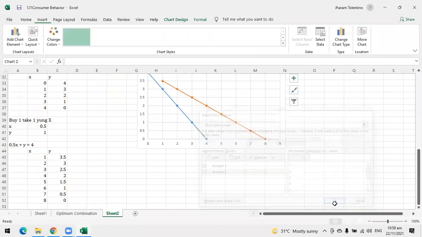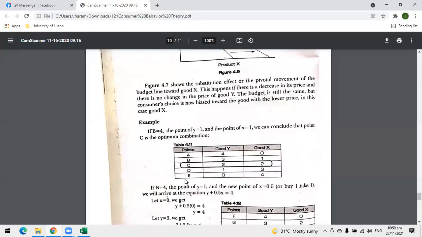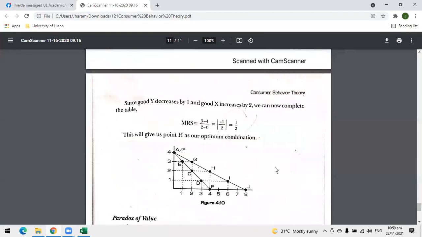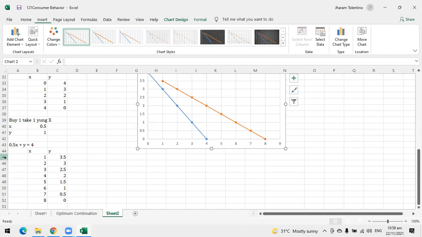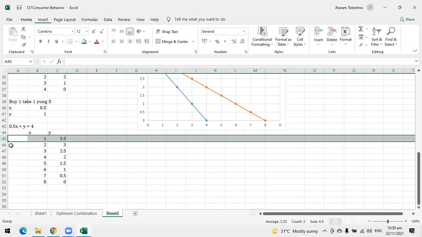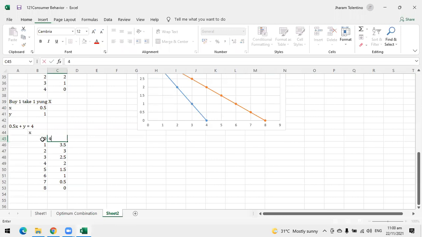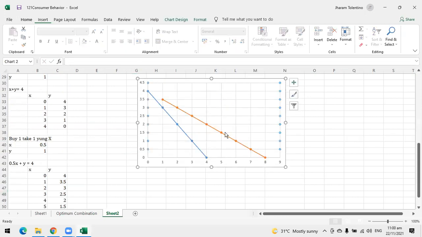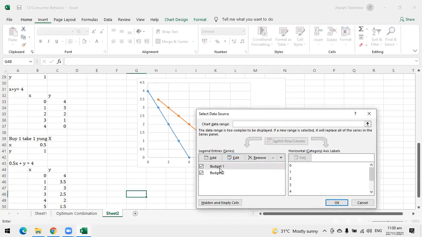Actually, it's a good depiction kaysa dun sa una. Okay? So, makikita nyo dito, we have a graph similar like this, pero hindi natin siya naitodo. Pero kapag lalagyan natin yan, ng isa pa, so if we were going to start with 0, 4 dito. So, palitan natin tong budget 2.